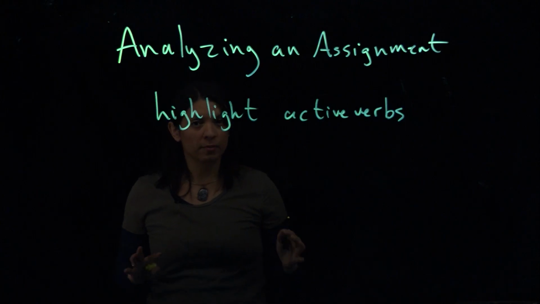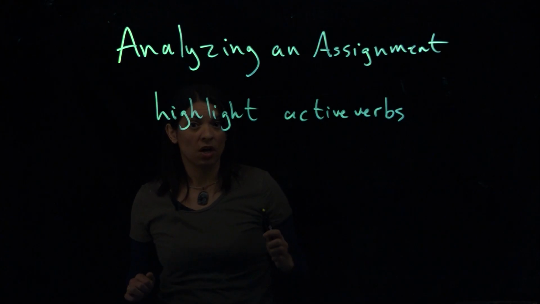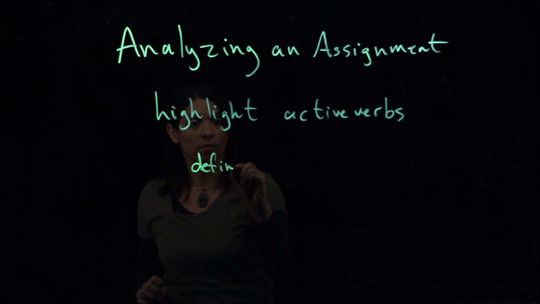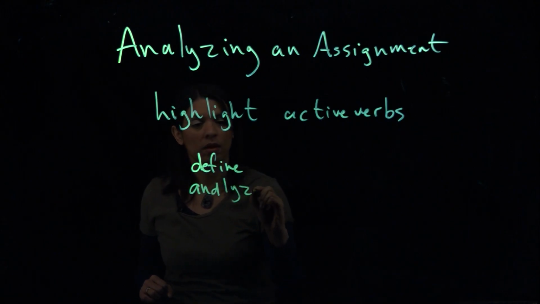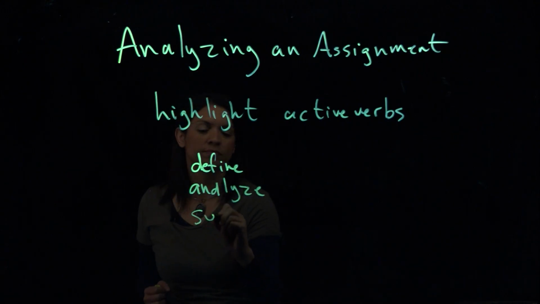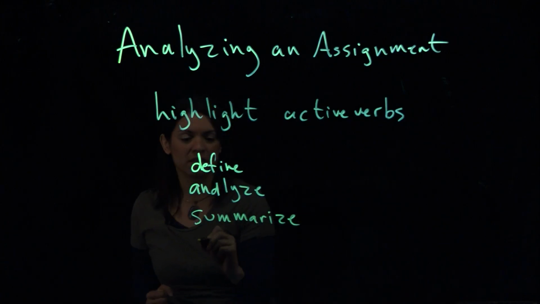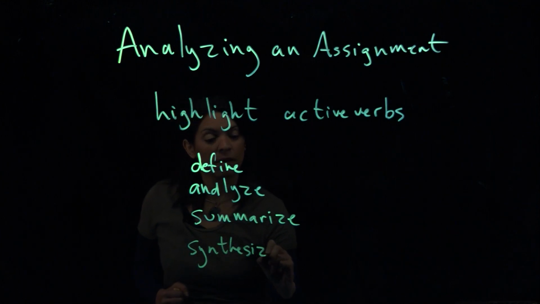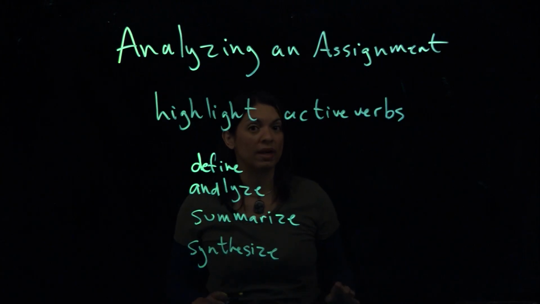Verbs that will signal to you what the teacher wants are things like define, analyze, summarize, synthesize. There's a lot of different actions that your teachers may want you to do as you are writing a paper.